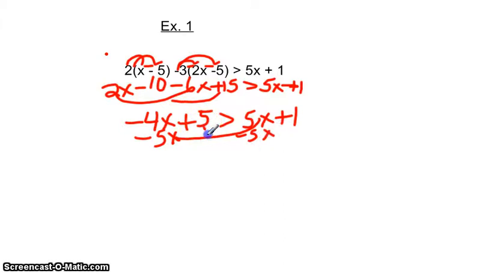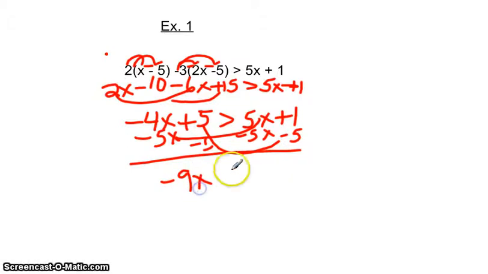I'm going to move the positive 5 to the right, which means I'm going to subtract 5 from both sides. So I have negative 9x is greater than negative 4. And this is what you should have written on page 6 of your foldable.